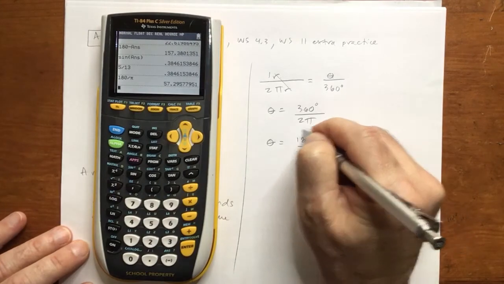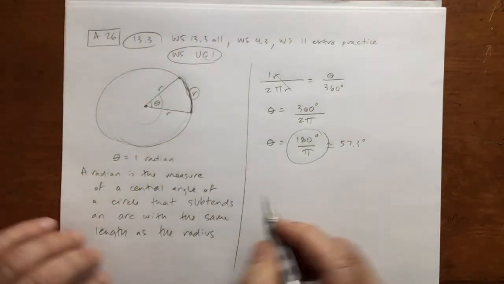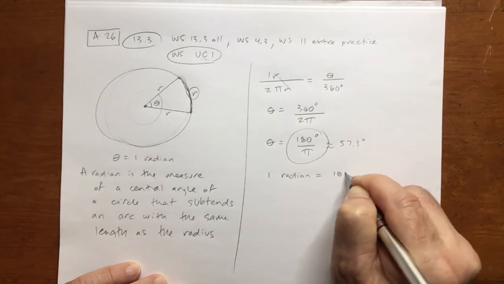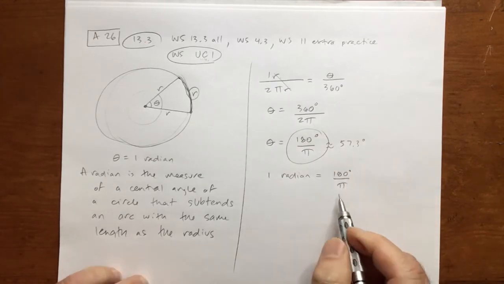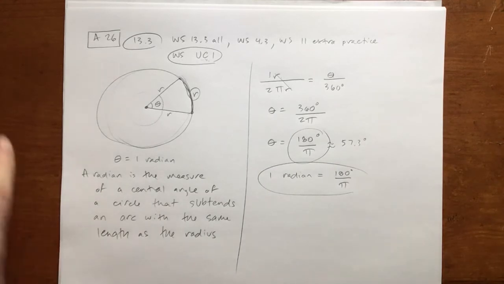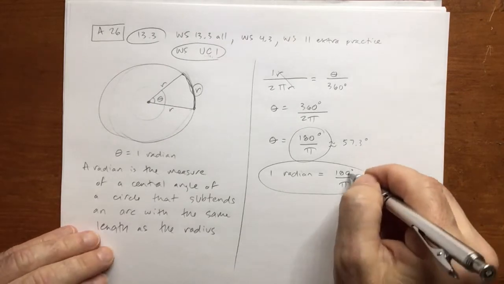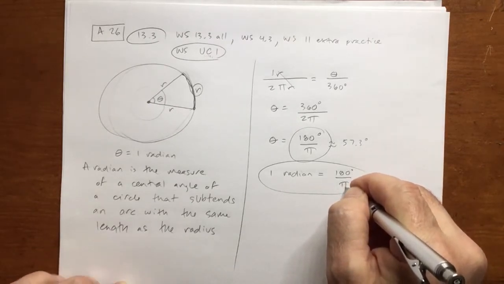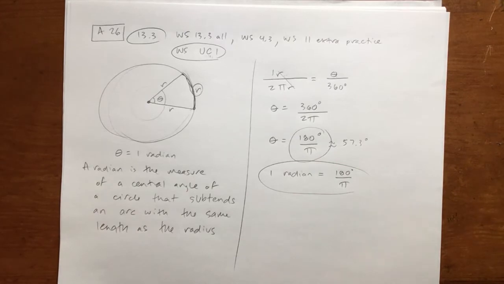But since 1 radian is the same as this, I can now use this as a conversion factor. I can use 180 degrees over pi radians to convert from degrees to radians and backwards.